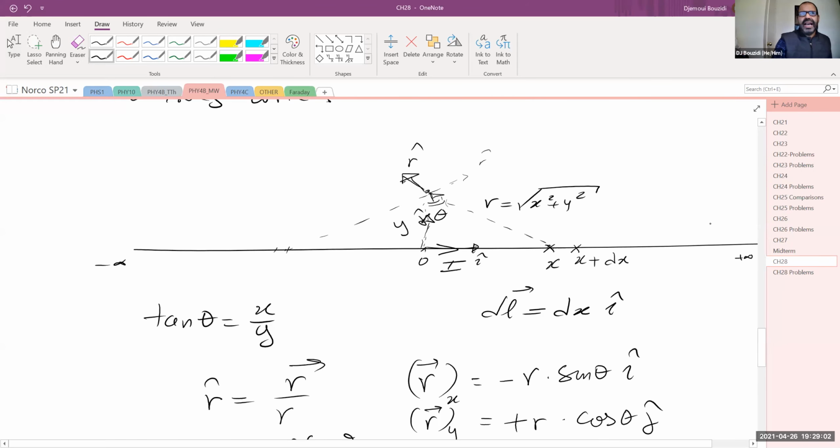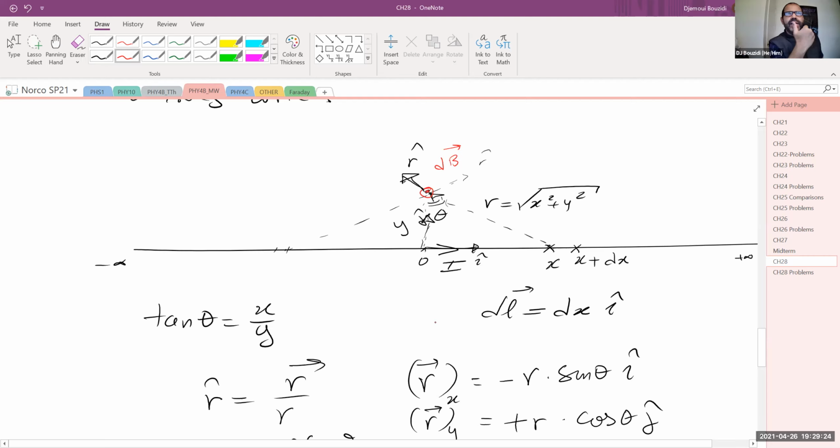So assuming that this is the x direction, the other one is the y direction, k hat is coming out of the screen. So this is where the magnetic field is actually pointing. It's coming out. So this is your dB. Okay, so it's coming out of the screen at this point.